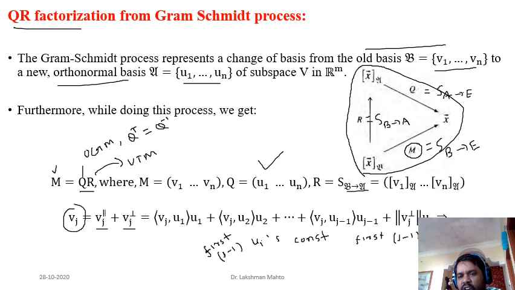Vi happens to be an old basis element. That's why we can represent Vj as a linear combination of the first j minus 1 ui's, as you can see here.